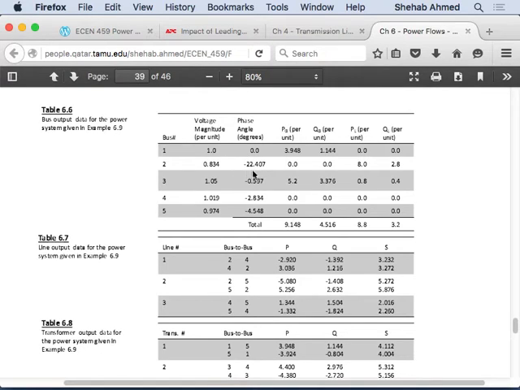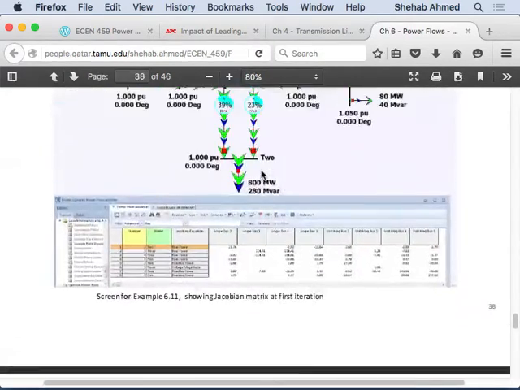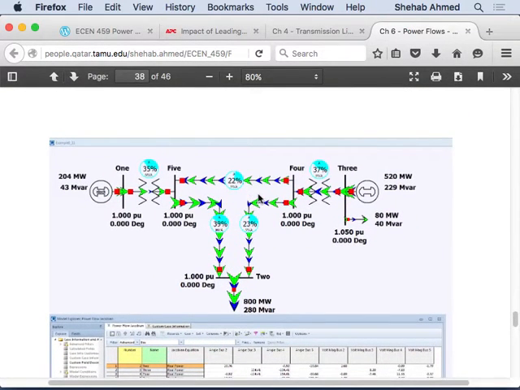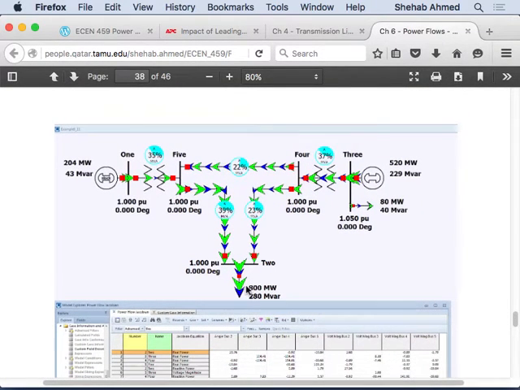Let's see what's happening at bus 2. Bus 2 has the big load, right? The biggest load is at bus 2, and there's no load at bus 5 or bus 4. So the big load is really at this bus.